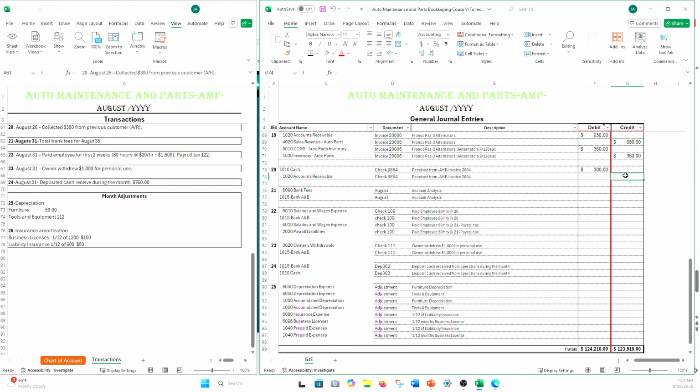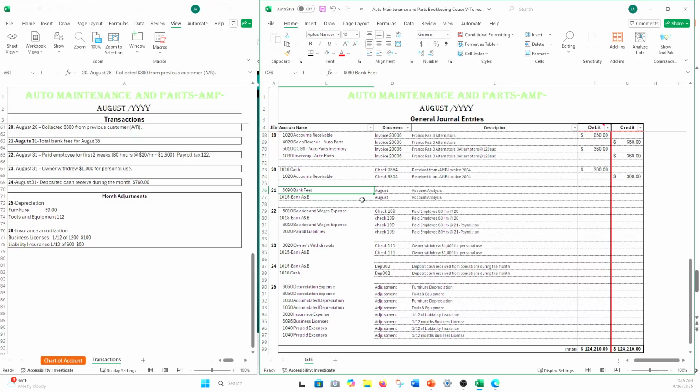Remember, both are asset accounts. The cash is going to increase, we put money in, but at the same time, the accounts receivable is going to be reduced because the customer paid. So he no longer owes that $300.